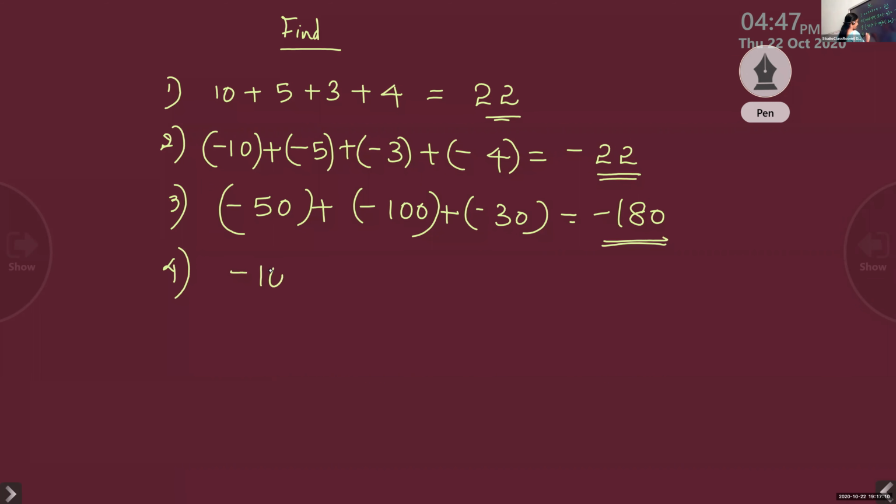Negative 10 plus 12 plus negative 3. How will you do this? Ma'am, negative 10 and negative 3 we will add. Yes, ma'am, very good. I will explain.